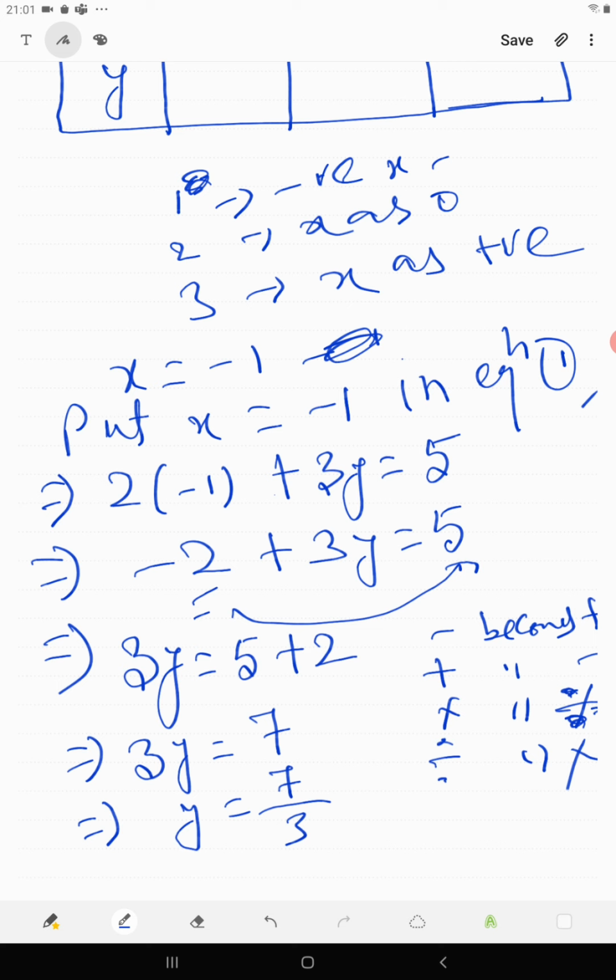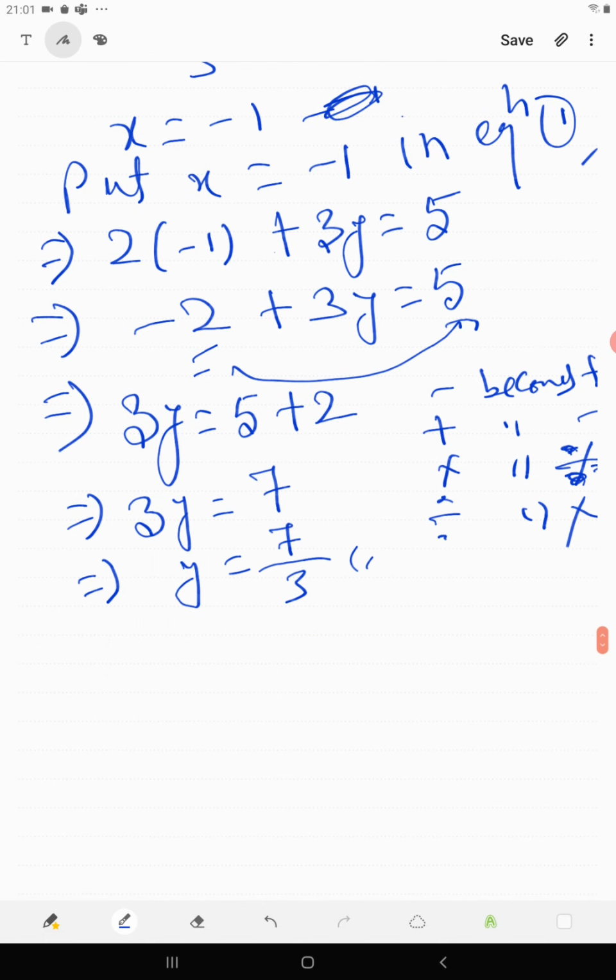So this is not a pure number, but 7/3 we can also represent if we take three bigger boxes as 1 unit. If you are getting any fraction, in the graph we take three bigger ones as 1 unit, or 3 smaller ones as 1 unit.